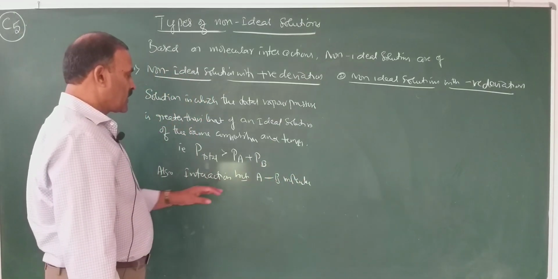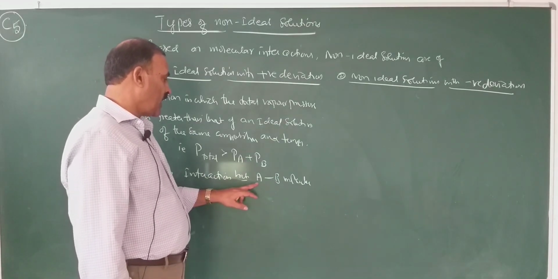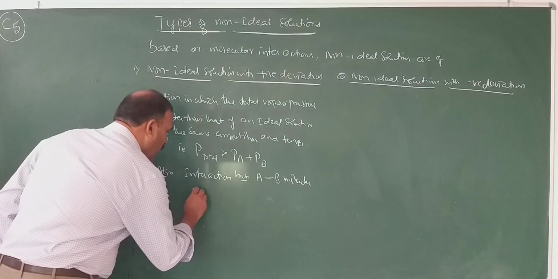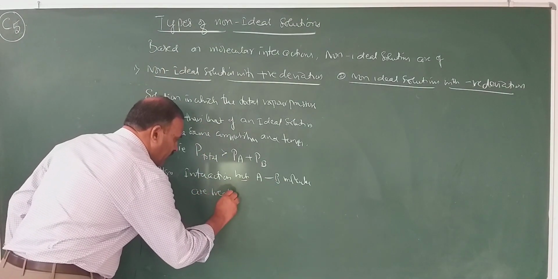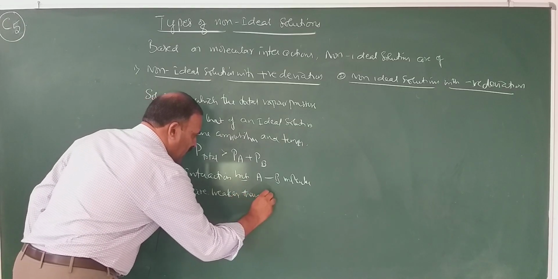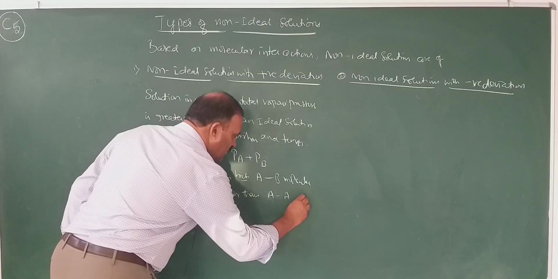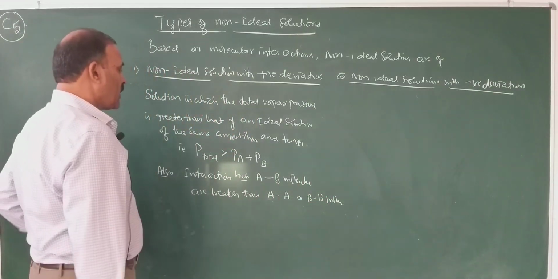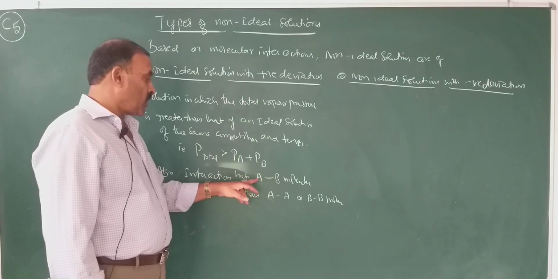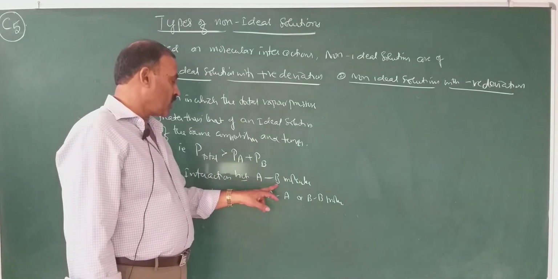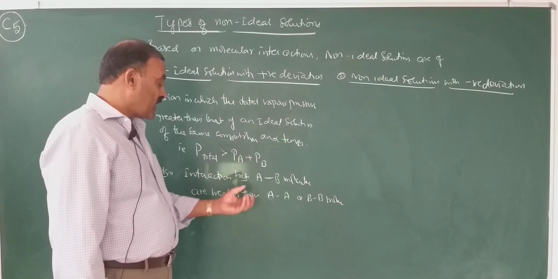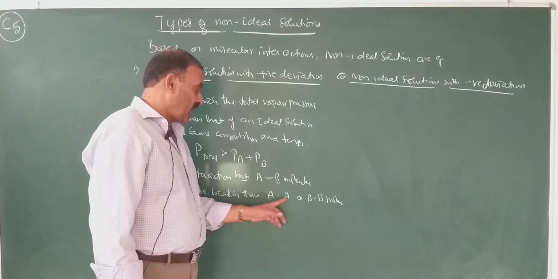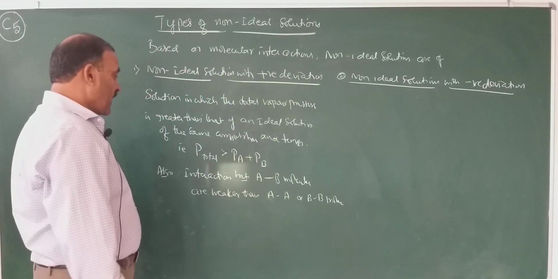The interaction between molecules of liquid A and molecules of liquid B is weaker than between AA molecules and BB molecules. So, the attractive forces between molecules of liquid A and molecules of liquid B are weaker than the attractive forces between molecules of AA and molecules of BB.